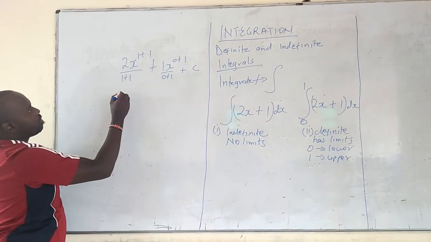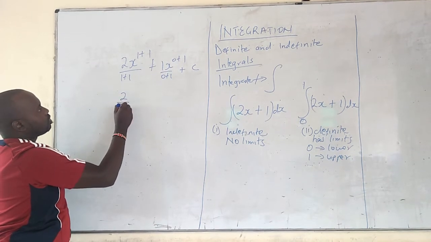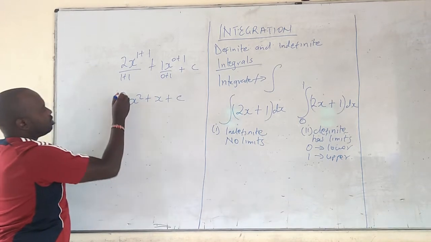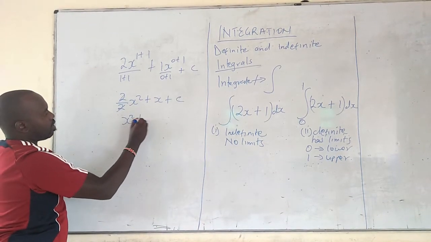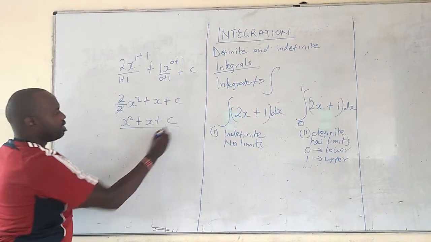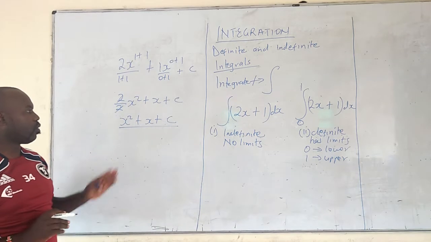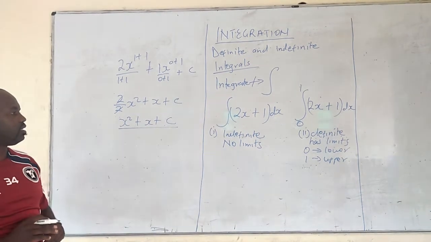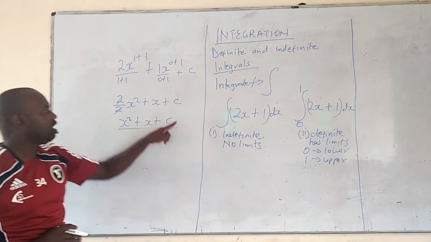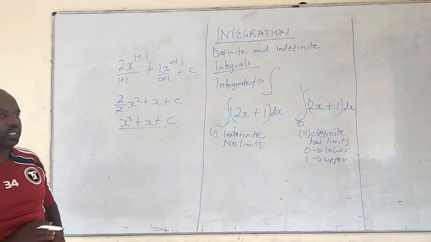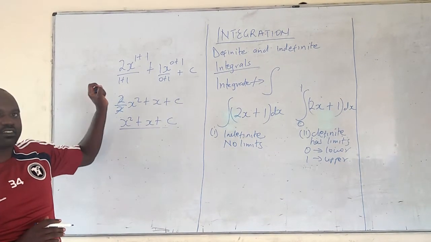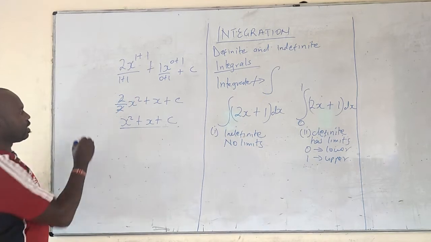So our integral here is going to be 2 over 2 x squared plus x plus c, which gives us x squared plus x plus c. You can see this is like a general integral because the value of c is not determined. That's why it is indefinite: the value of c is not known. That is very crucial, that you know this is an indefinite integral.